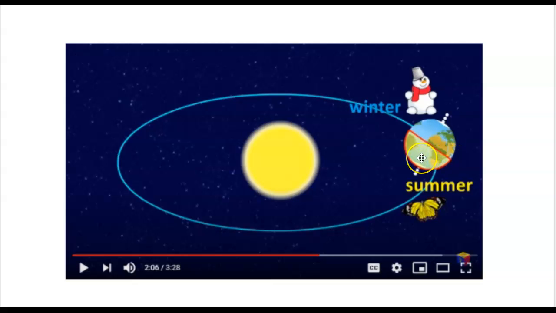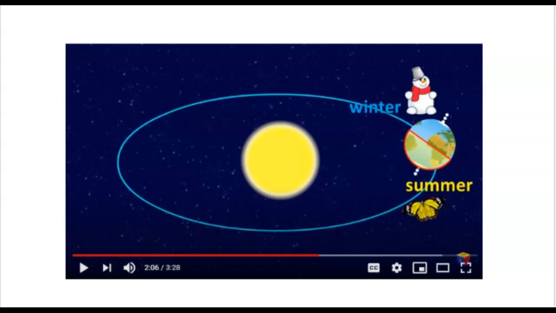So those people that were in the southern hemisphere, the lower part of the Earth, well, they're now closer to the sun, and that allows them to have summer. So when we're having winter and snow, the people on the other side of the Earth, they're having summer. And all of that is because the Earth revolves around the sun.